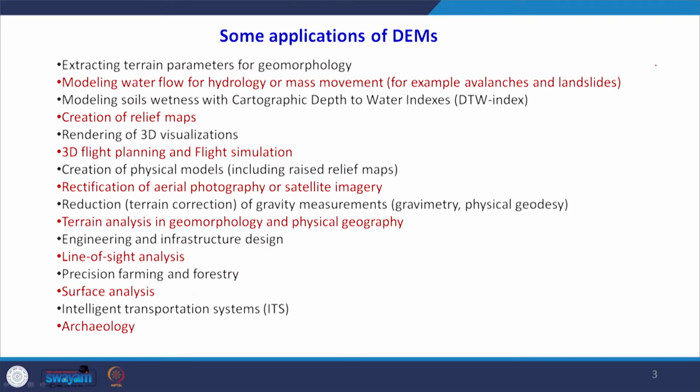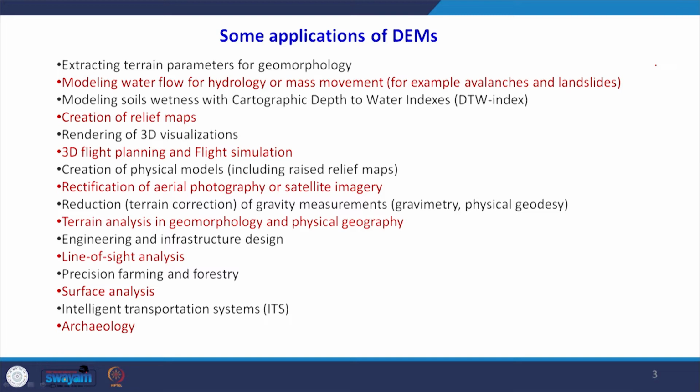Now what are the applications, why should we actually use this DEM in our GIS based analysis? We can first of all extract various parameters, which we are going to learn in this lecture today. For geomorphological applications, we want to model the flow of water for hydrology or for mass movement. Then we also require this DEM because the slope is very important here.